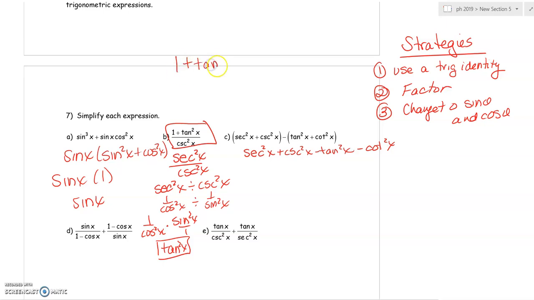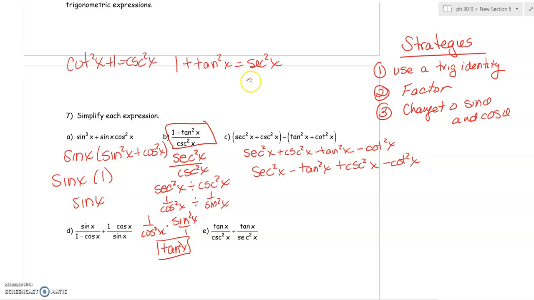So if I have secant squared of x minus tangent squared of x and cosecant squared of x minus cotangent squared of x, we could also use our other Pythagorean identity. Notice you can manipulate these so that secant squared of x minus tangent squared of x is equal to 1. And cosecant squared of x minus cotangent squared of x is also equal to 1. So we have 1 plus 1, which is 2.